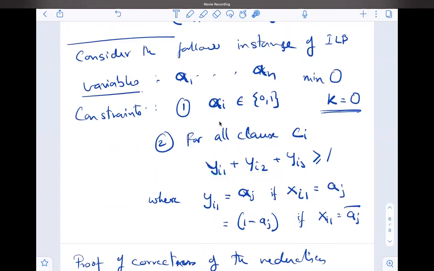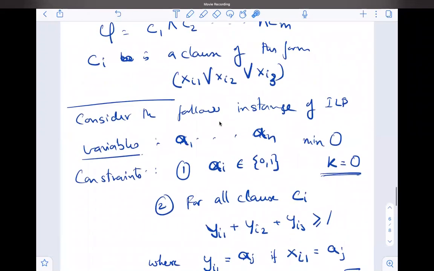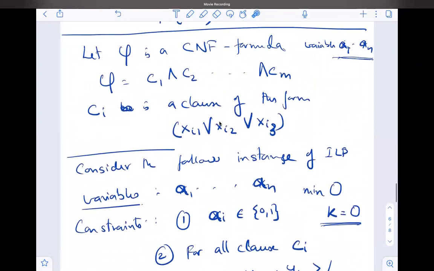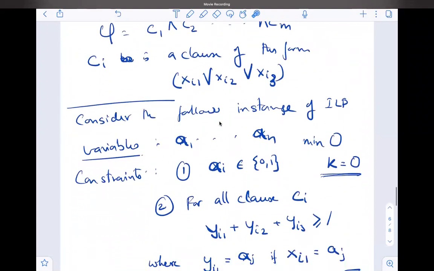So what is the solution? In the solution of the CNF, whichever AIs are set to true, you set to 1 over here.